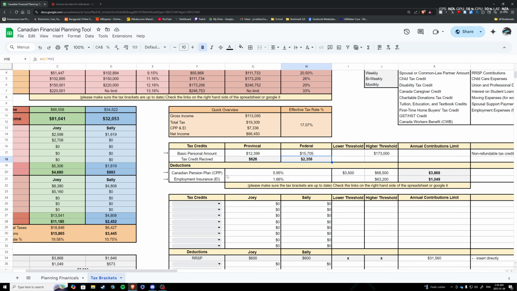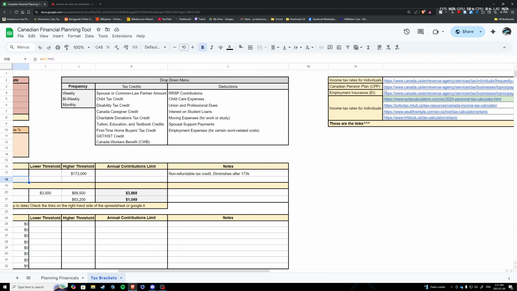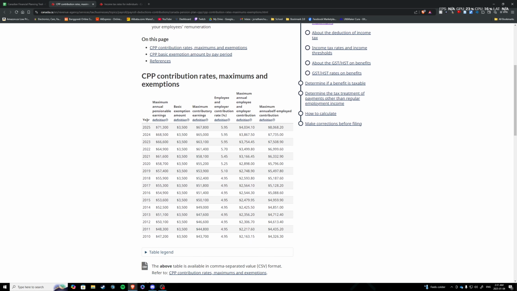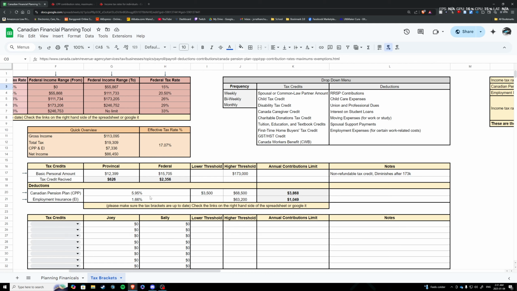And then to calculate your Canadian pension plan and your employment insurance, we'll have to go to those links over here. So I'll just open up the CPP. So this is for 2024 still. Sorry about that. Canadian pension plan.